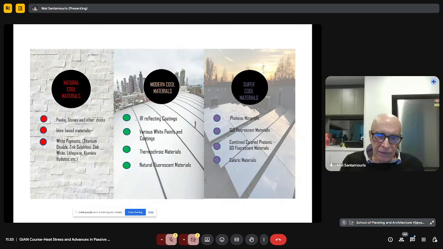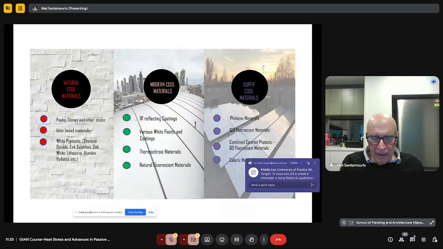And then we have a third group of materials, the so-called supercool materials, which include the photonic materials that I presented before, photonic materials combined with fluorescent materials to give color, and also a new generation of materials that are not yet so well developed, the so-called caloric materials, which we don't have the time to go through.